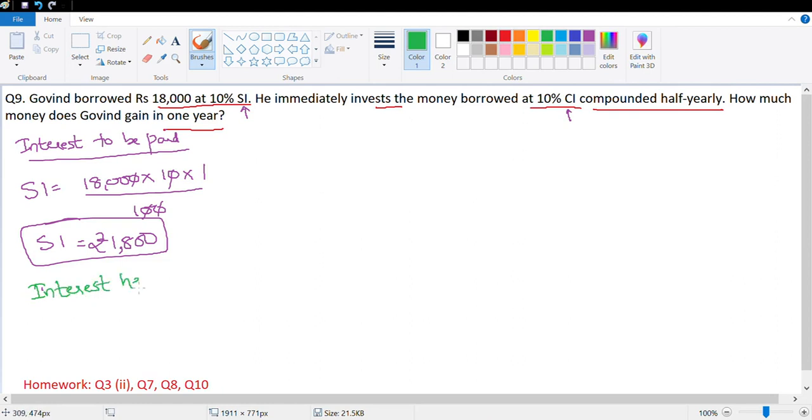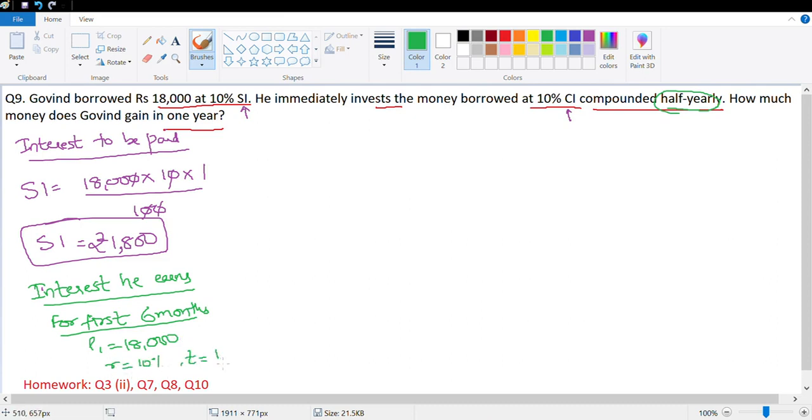Interest he earns. Now this is being done compounded half yearly. So in a year there are two terms. So for first 6 months the principal is 18,000, rate is 10%, and the time here is half year because this is 6 months.